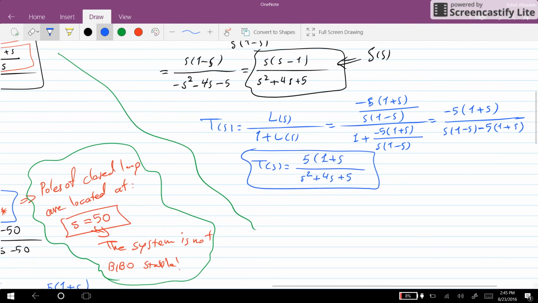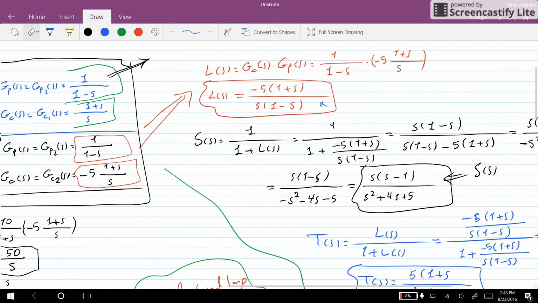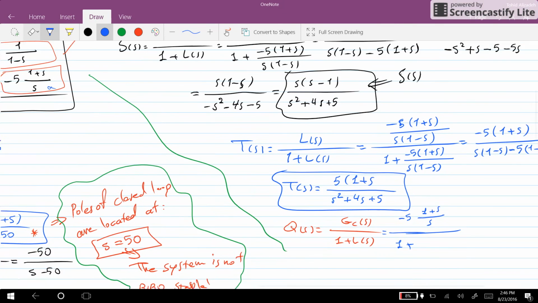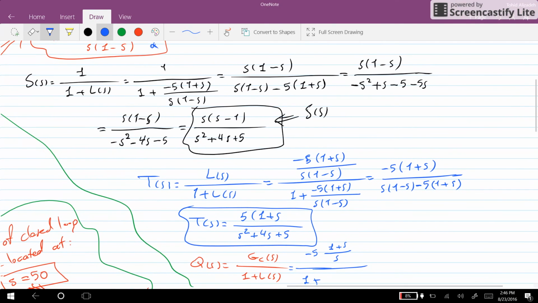So this is T, and the last thing is finding out the Q, which is GC over 1 plus L. So in this case, GC is given as minus 5 times 1 plus S over S. So I will have here minus 5 times 1 plus S over S, and at the denominator we will have 1 plus LS, which is this guy here.